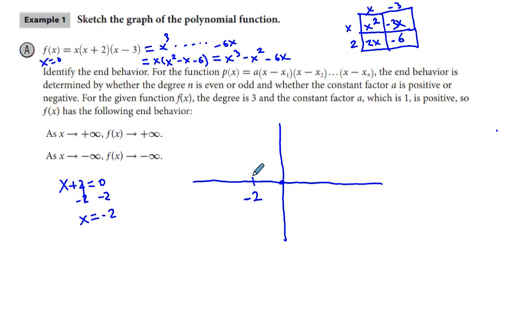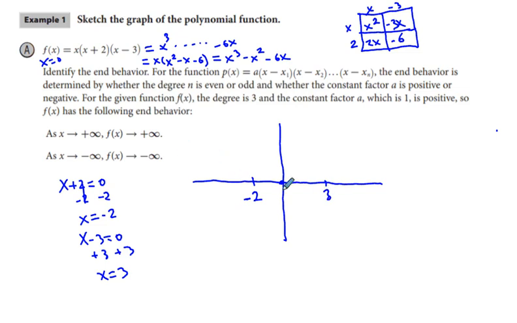That's one of our zeros. And our last one, we have x minus 3 equal to 0. If we add 3, we have x is equal to 3. So we put over here x is equal to 3.